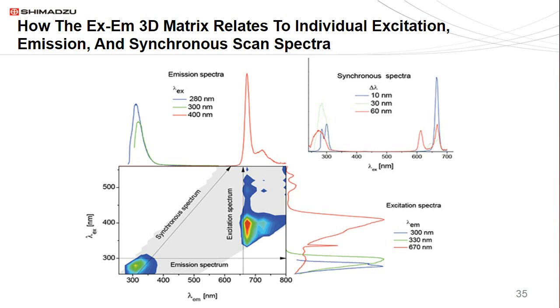And then the synchronous scans are shown separately up above. And you can see, I don't want to get involved in the interpretation here, but there are certainly more than 1 component. There are clearly 2. And by looking at the synchronous scan and probably playing around, we're probably looking at maybe 4 components here. But the main takeaway from this is just to get an idea of how everything relates to each other between a contour plot and a synchronous scan.